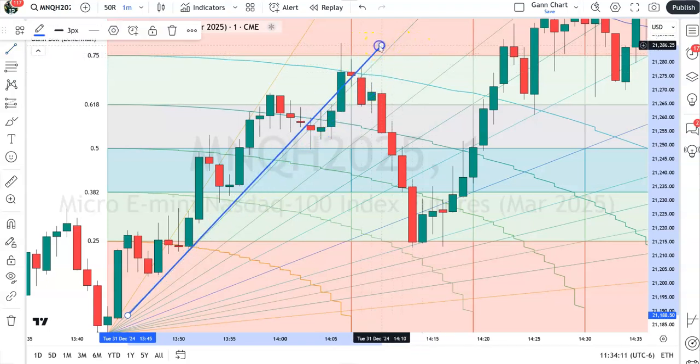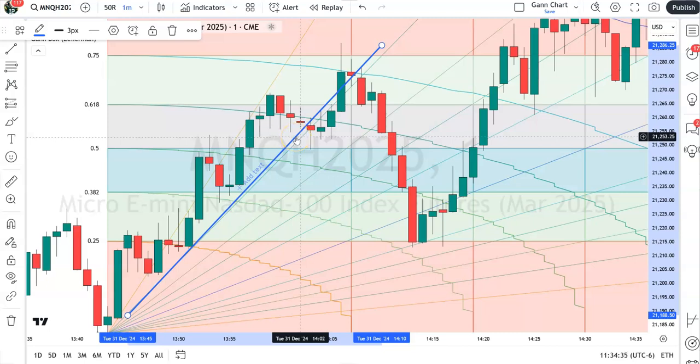If I'm in this trade, let's just draw it to here. I am not worried, and I'm not going to change my stop. I can trail this trade along this trend line, and until it pierces it, I don't have to worry about getting out of the trade, do I?